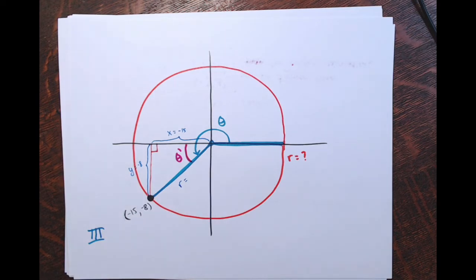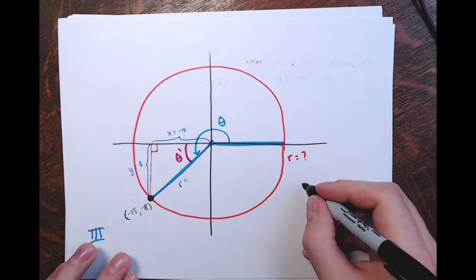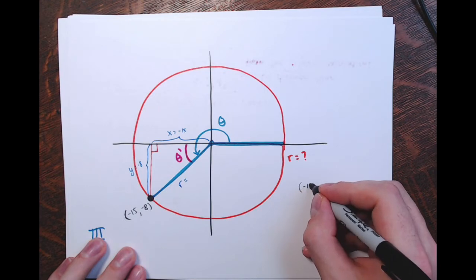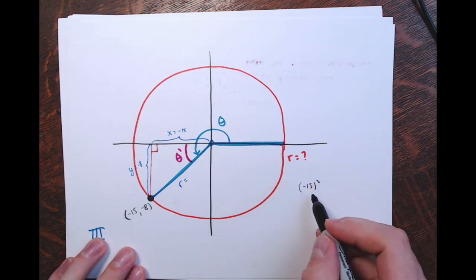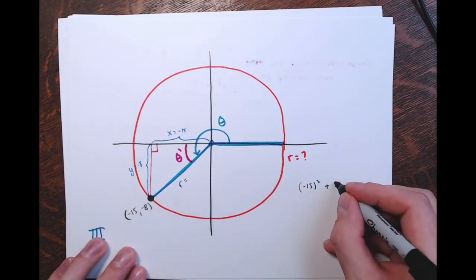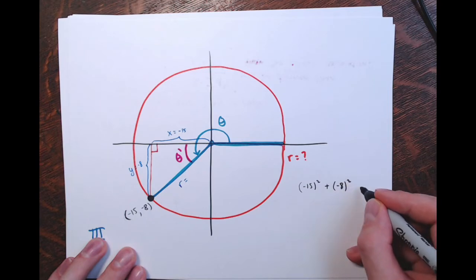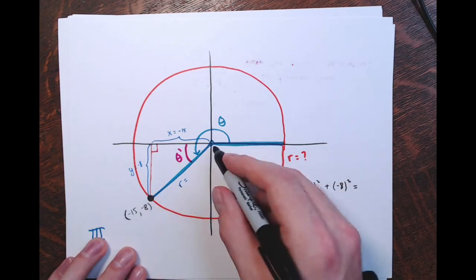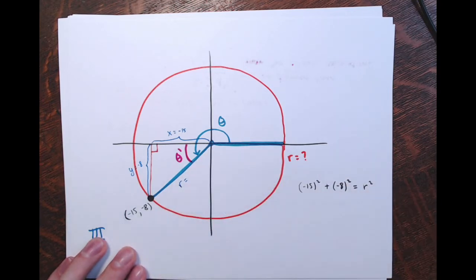But I can use the Pythagorean theorem. Now I can go, -15 squared, or just 15 squared, because if you're squaring something, it's going to be positive. So 15 squared plus -8 or 8 squared will be equal to the hypotenuse squared, that radius squared.